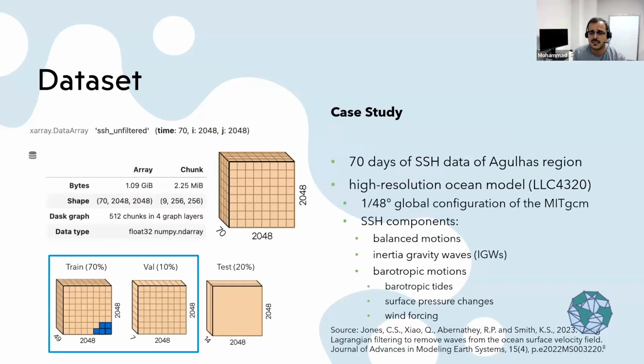We used 70 days of SSH data of LLC 4320 simulations for the Agulhas region. This region was selected because of the presence of strong mesoscale flow features. And for data transformations, we used min-max normalization and then scaled the result to -1 to +1.